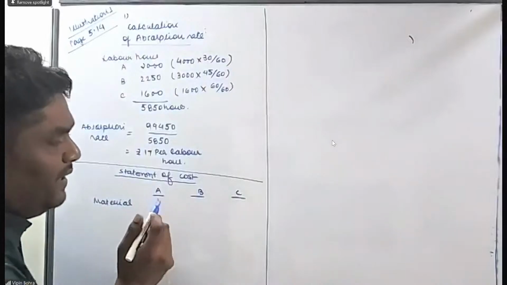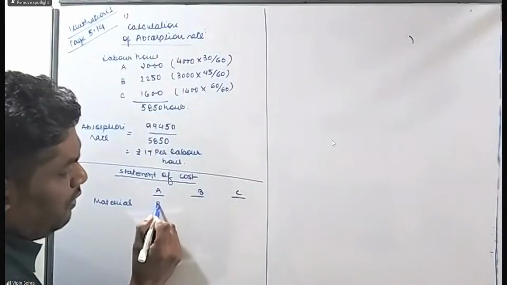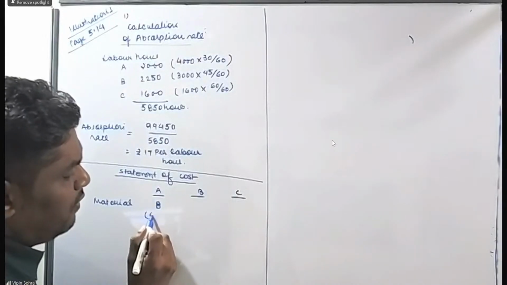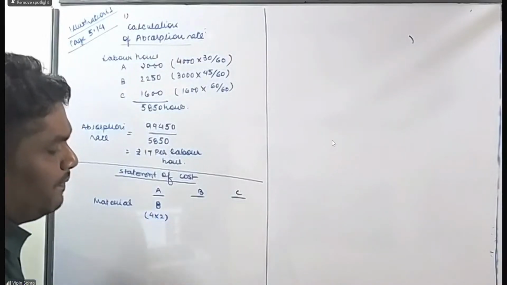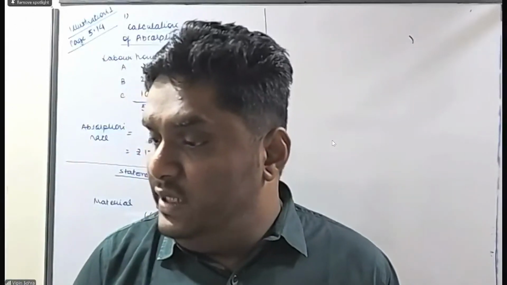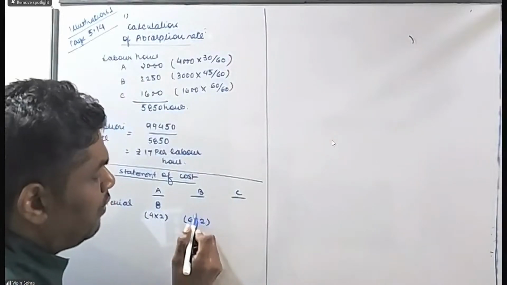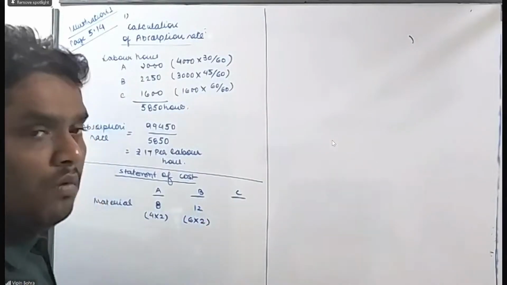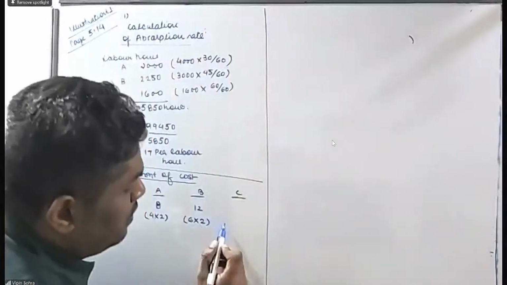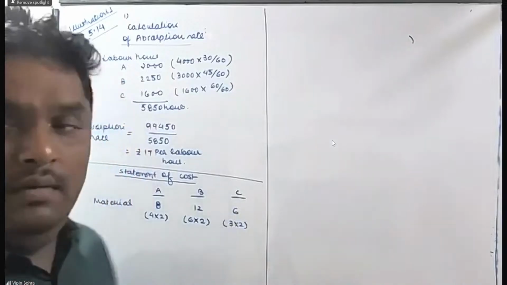So 4 into 2, that is 8 rupees. Further, 6 into 2, that is 12. And 3 into 2, that is 6.